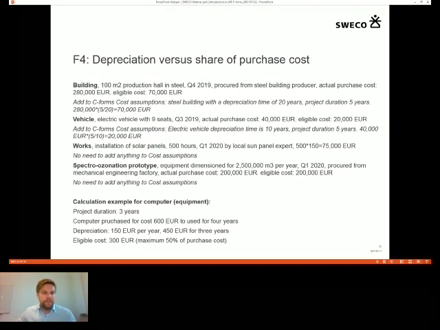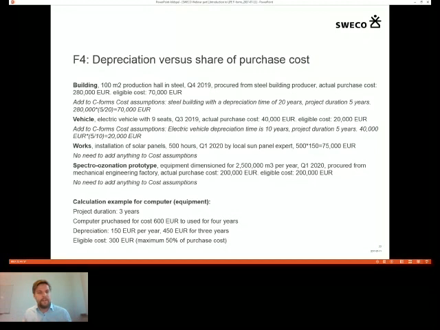And since this is a prototype, it's put together of quite innovative components, but components that are serial produced. The eligible cost will still be 200,000 euros. And we do not need to add anything to cost assumption in this case. But remember that maybe later on this spectro-ozonation prototype, by the time in 2020, this might, surprise, surprise, have become a big innovation already.